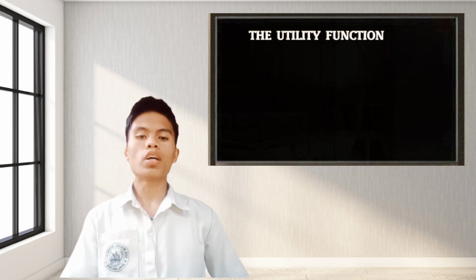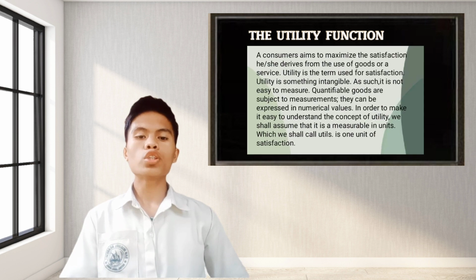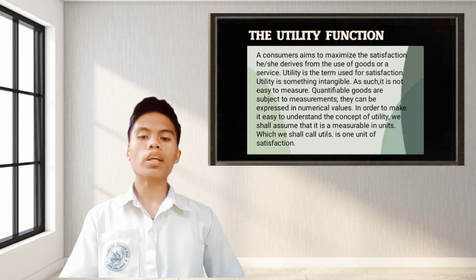The utility function. A consumer aims to maximize the satisfaction she derives from the use of goods or a service. Utility is the term used for satisfaction. Utility is something intangible, as such it is not easy to measure.